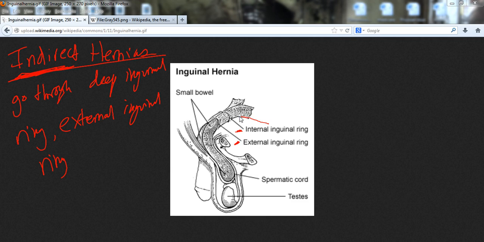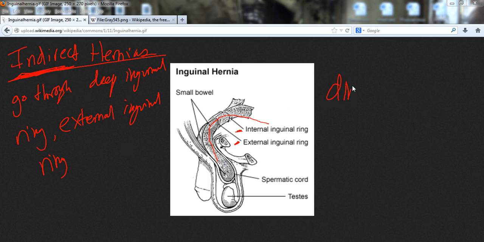We're going through the deep inguinal ring, through that external inguinal ring, then we'll finally go down into our scrotum. So that is why it's called an indirect hernia. We're going to go through that deep inguinal ring, come through the external ring, and we're going to protrude down into the scrotum. So that's going to be our indirect hernia.